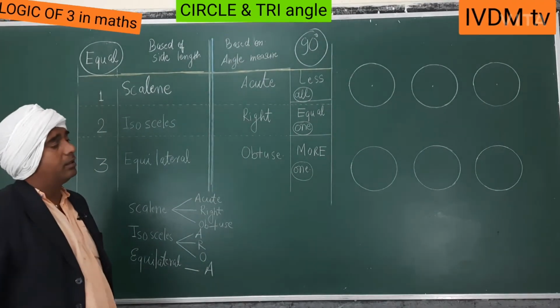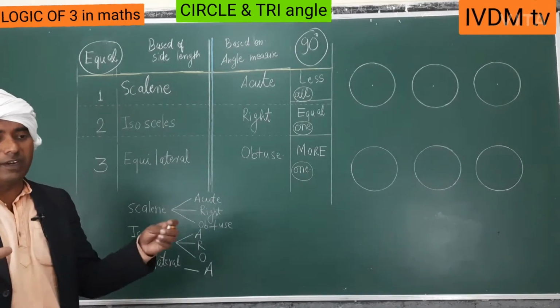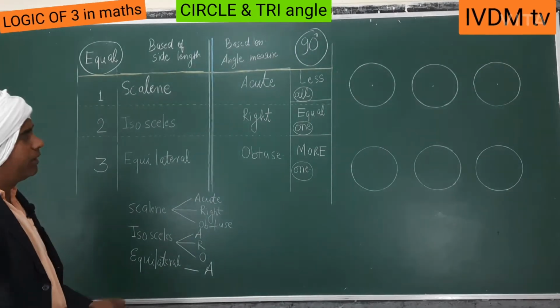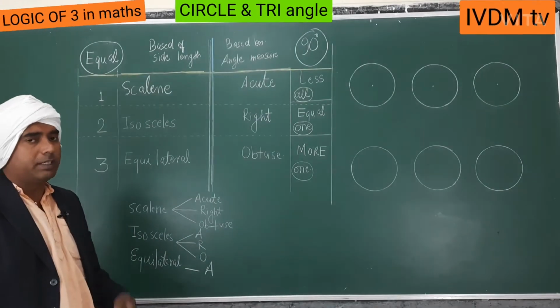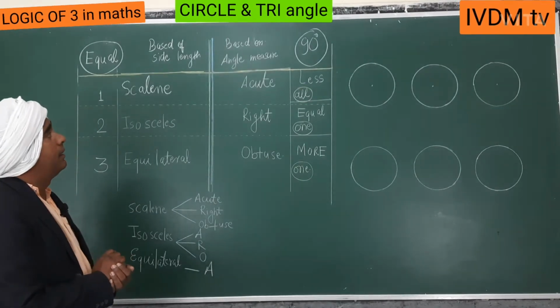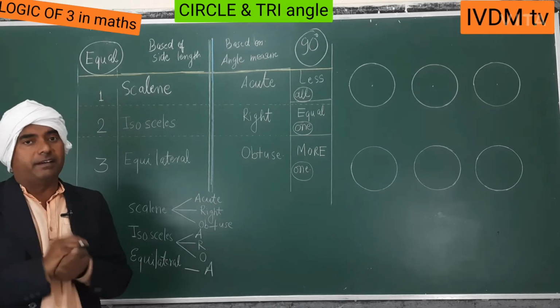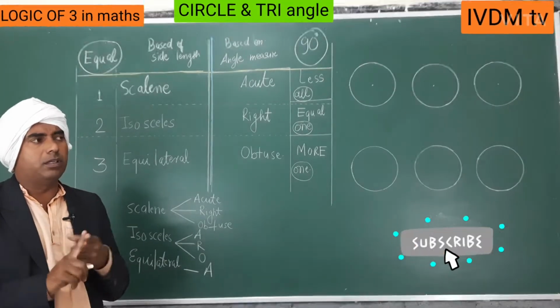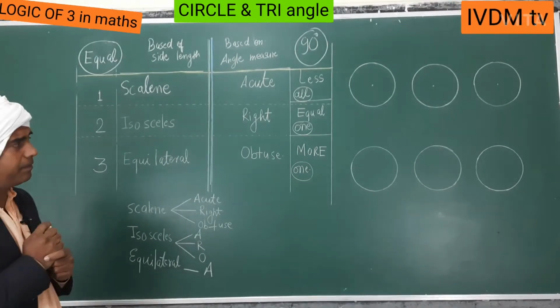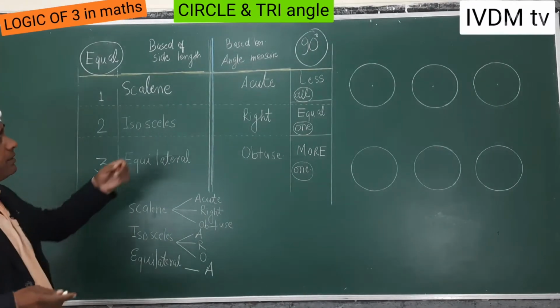For this, come on the types of triangles. I'm not going to detail here, but I have written in short form. So let me summarize. What type of triangle do we have? From class 6th, I think class 4th or 5th, we are taught about types of triangles. I have written the names.